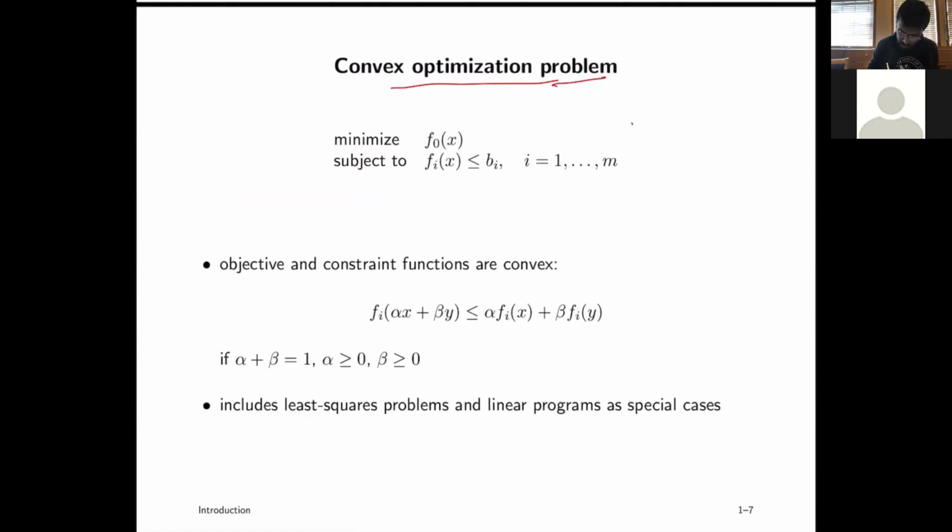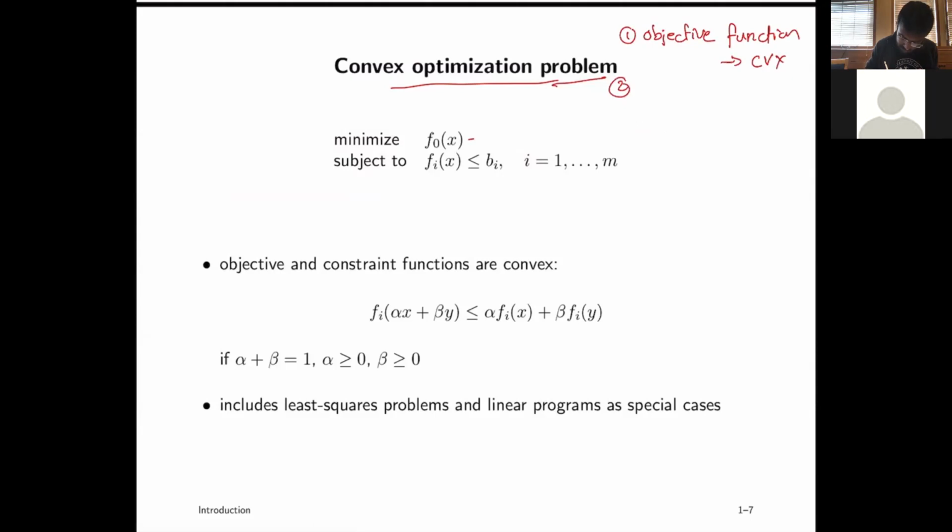One is the objective function has to be convex. That is, f0 has to be convex. I know that we have not discussed what a convex set is, but I'm just giving you an overall picture.